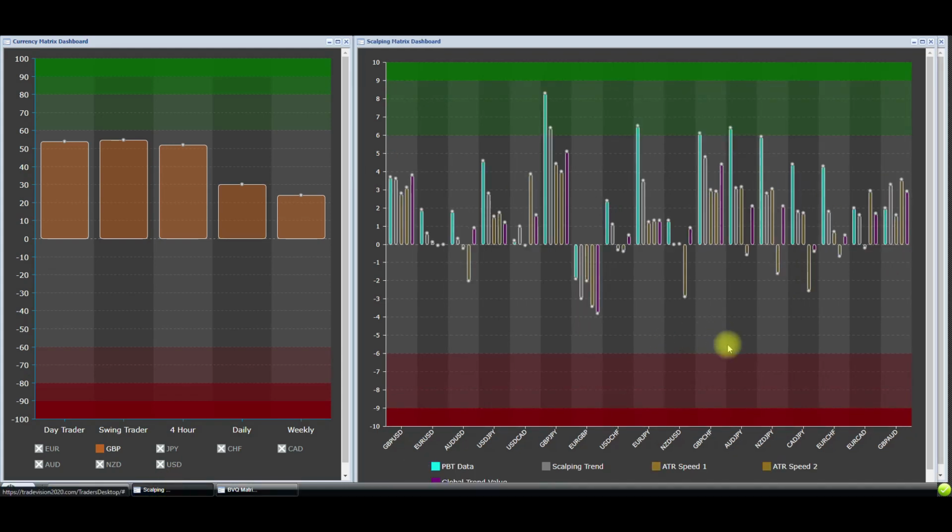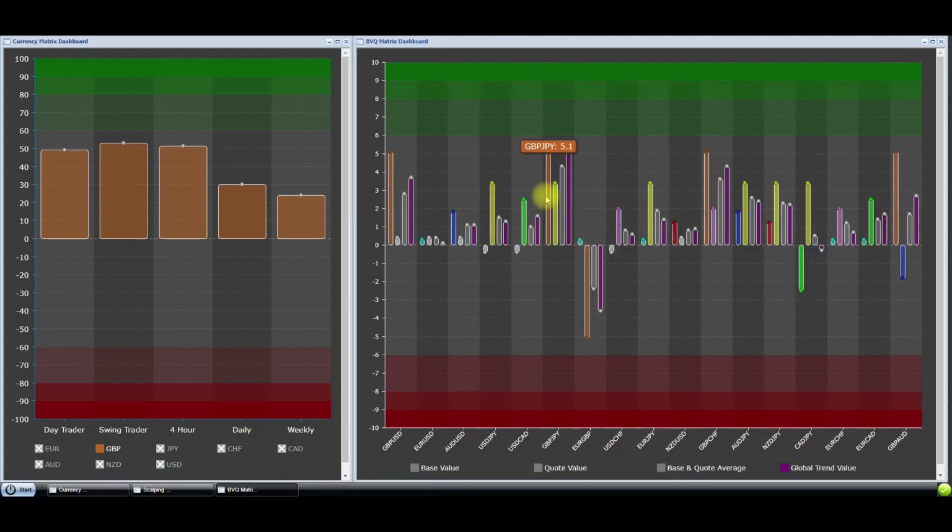I'll come over here and look at the scalping matrix and just the PBT data. The pound yen, and actually this is getting really close to a trade, ironically, is overextended. The PBT value is now pegged. You want to wait for it to get pegged at 9.9, but this is the one I would probably choose out of all 5 currency pairs to fade once this pound level gets up here in the dark green.